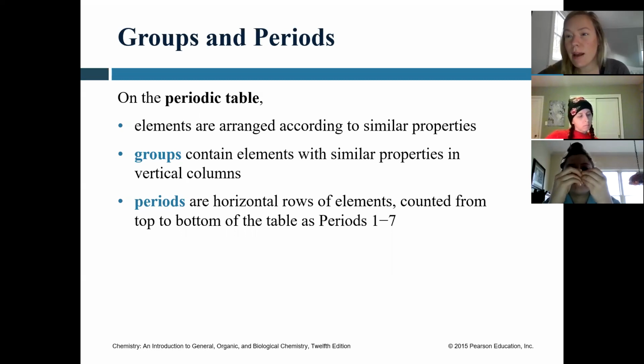All of those things minus hydrogen, because hydrogen is its own entity, they all have very similar properties. If you go to column 2, where beryllium, magnesium, calcium, strontium, barium are, those guys have very similar properties. That would be group 2, or we would call them the alkaline earth metals, and we'll get the names a little bit later.